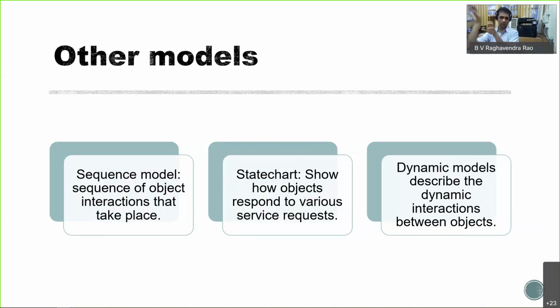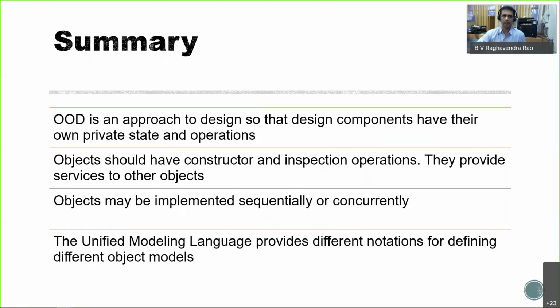They are described through state diagrams. Similarly, for your software system, you identify states and then describe diagrams. There are also other dynamic models which describe the dynamic interaction other than state charts. Okay, so we'll not go into the details.